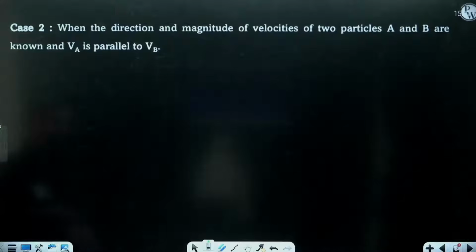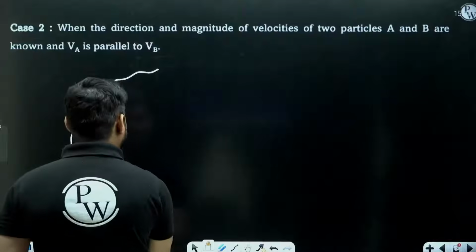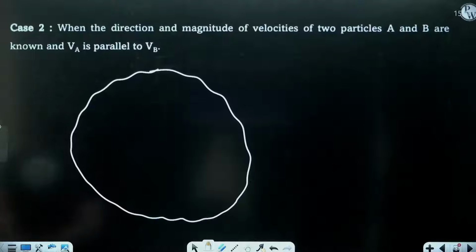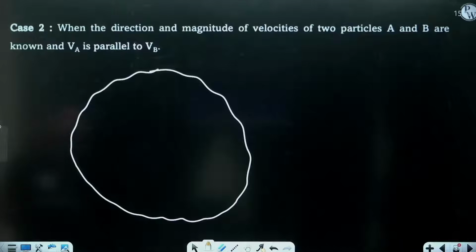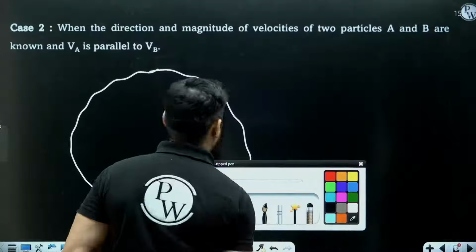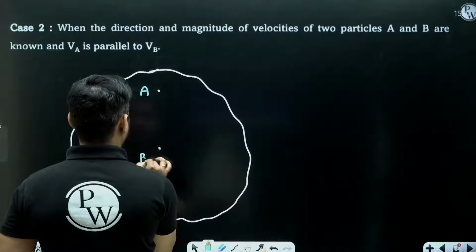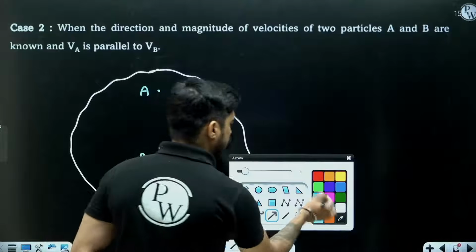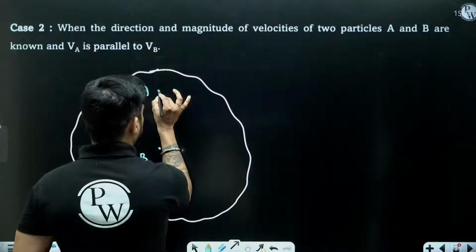What is case number 2? Let's say you have the direction as well as the magnitude of VA and VB. Let's say this is A and let's say this is B. Now, let's say VA is 10 meter per second and it is horizontal.